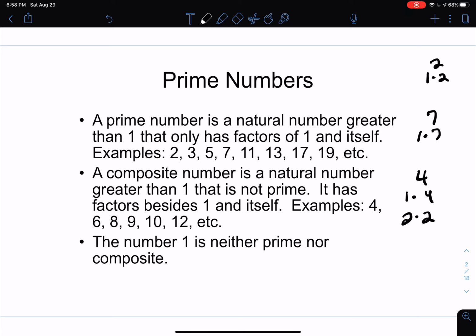So that makes it composite. It has something other than 1 and itself. 10 there has 1 times 10, 2 times 5. So that's composite. The 1 is defined as neither prime nor composite. It's its own thing. But anything greater than 1, natural number-wise, is either prime or composite.